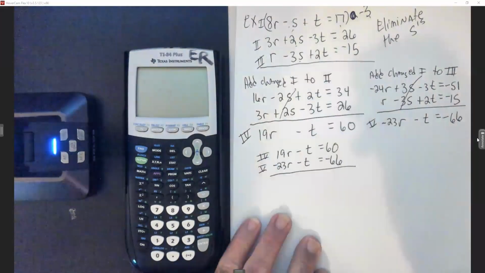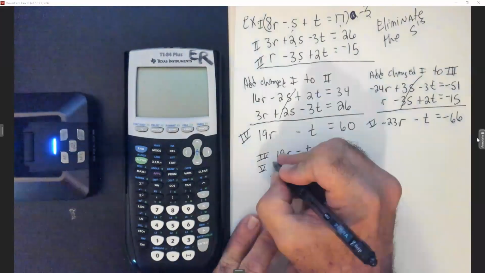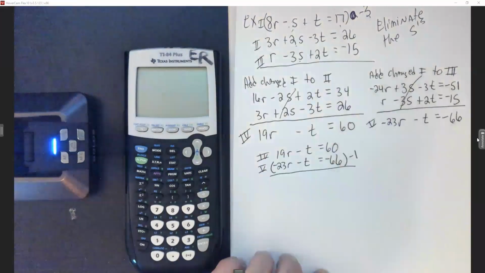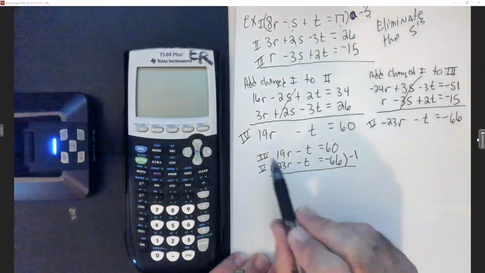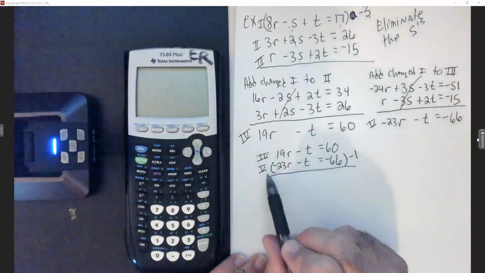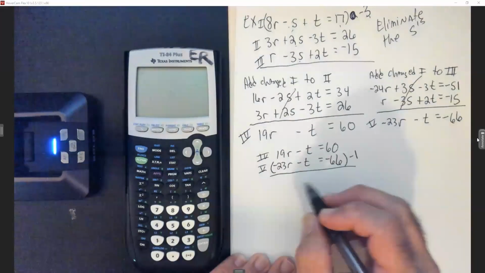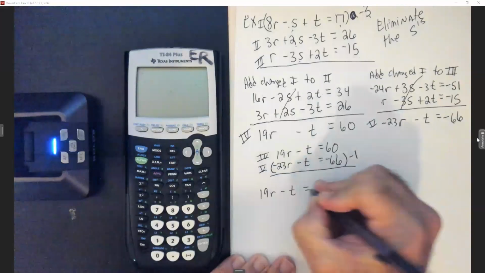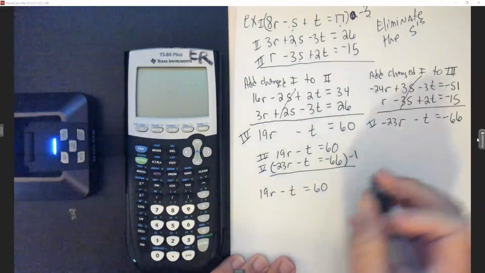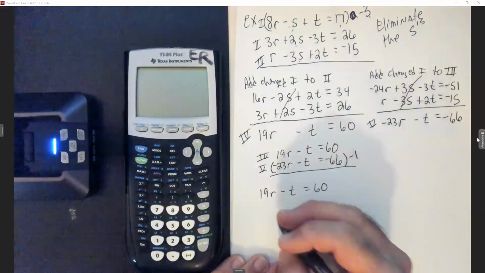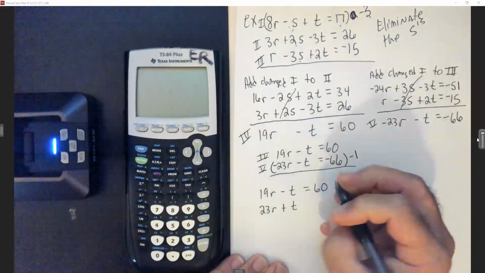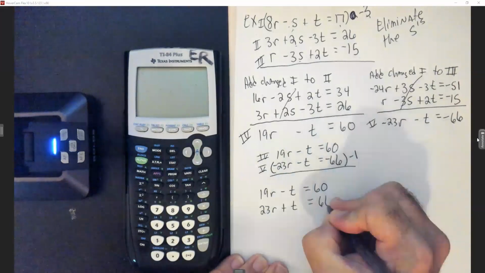So I'm going to multiply this second row by a negative 1. So I'm going to add row 4 to a changed row 5. So that'll give me my 19r minus t equals 60. Multiplying this row by negative 1 makes that a 23r plus a t equals a positive 66.